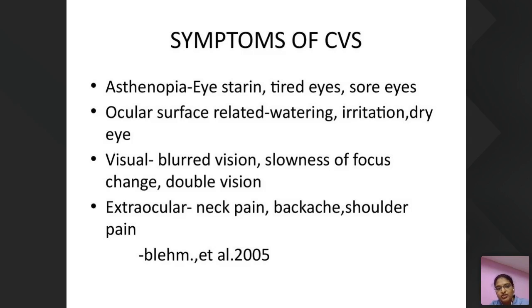Then blurred vision, because of those things: accommodation problems, convergence problems, vergence, that is convergence and divergence problems, or because of saccadic movement. If I say look at this number 10, my eyeball has to move to the 10. If I say move towards the 9, my eyeball has to move towards the 9, and 12 means I have to look at the 12.